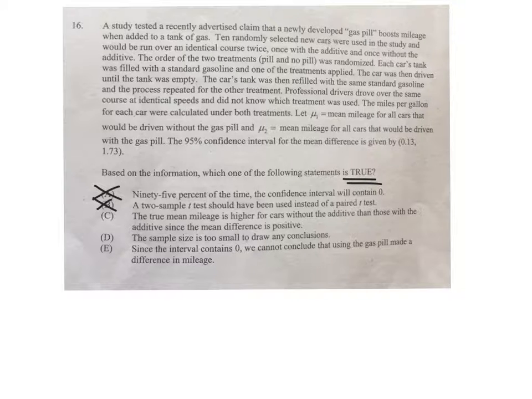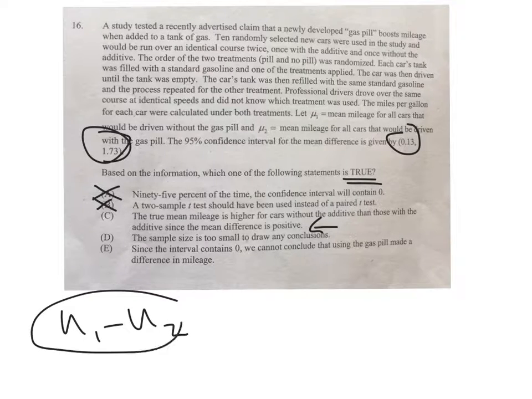The true mean of mileage is higher for cars without the additive, yeah, the difference is positive, right? This interval, if they did, which they normally do, U1 minus U2, although they didn't state that, but that's normally what they do. If we got positive results, it would say that, yeah, they did better.